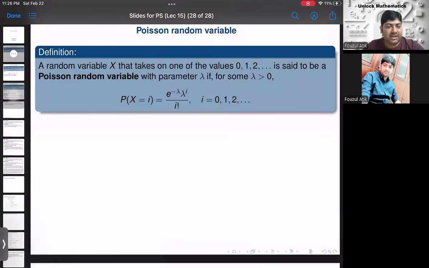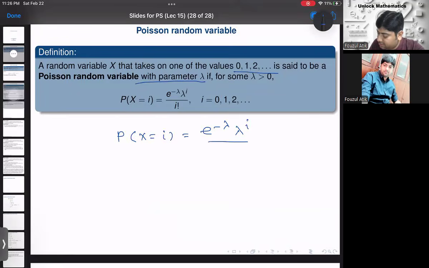So a random variable x that takes on one of the values 0, 1, 2, and it can go up to infinity because it does not have any limitation, is said to be a Poisson random variable with parameter lambda if, for some lambda greater than 0, P of x equal to i is e to the power minus lambda, lambda to the power i by i factorial, where i can take the values 0, 1, 2, and there is no limitation.